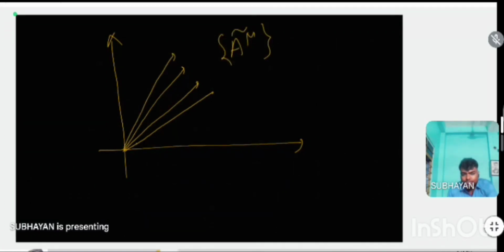But the projection of this a mu will be the same. So geometrically, the projection is that. This is the projection.